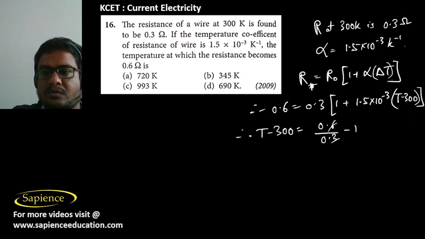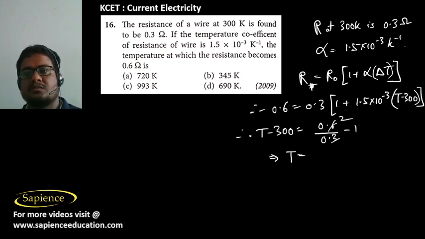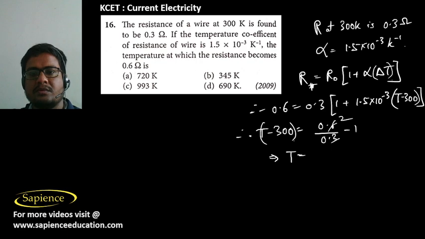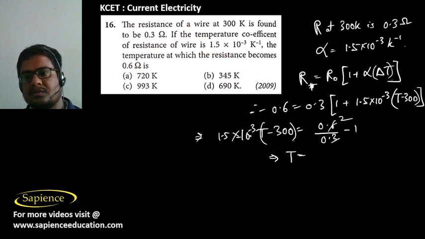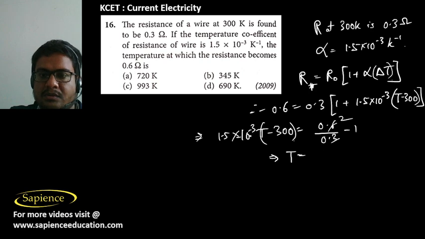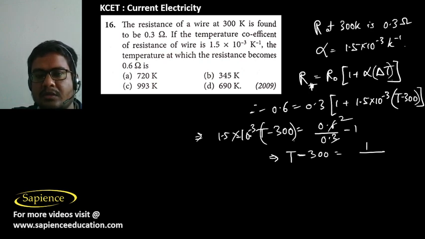So this is 2 minus 1, that is 1. So T minus 300 will be equal to 1 by 1.5 into 10 power minus 3.